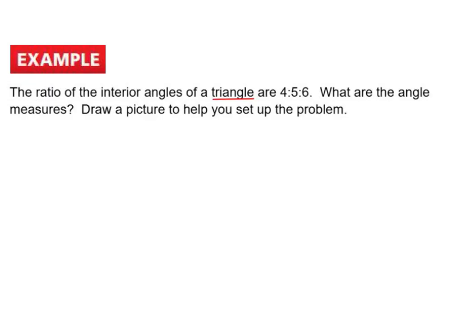The ratio of interior angles of a triangle are 4, 5, 6. So what are the angle measures? So if we draw a picture here, we say this is 4, this is 5, and this is 6. Could add a variable in there. 15x equals 180. Divide both sides by 15.